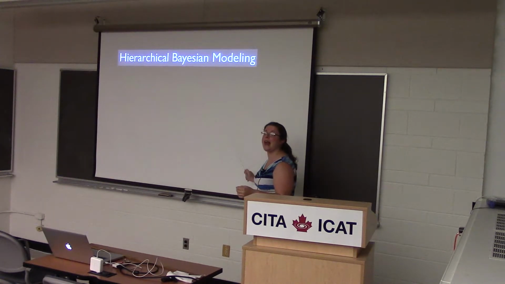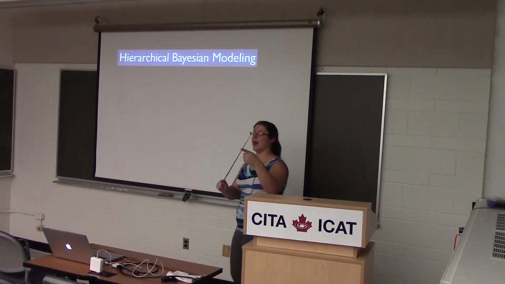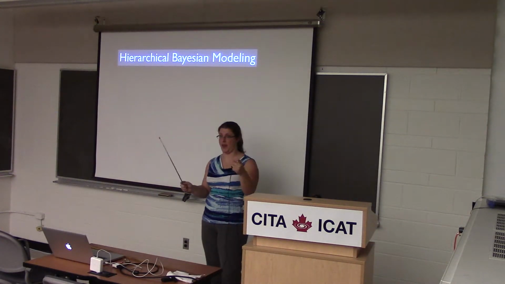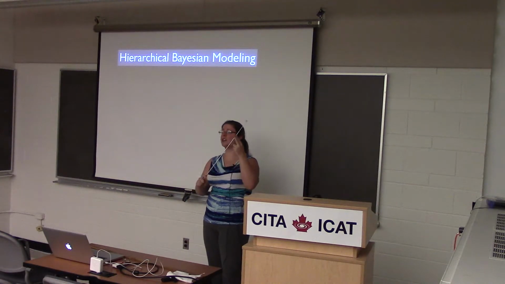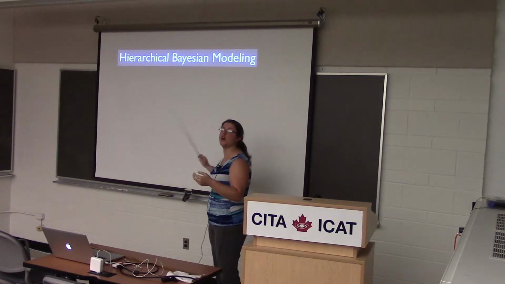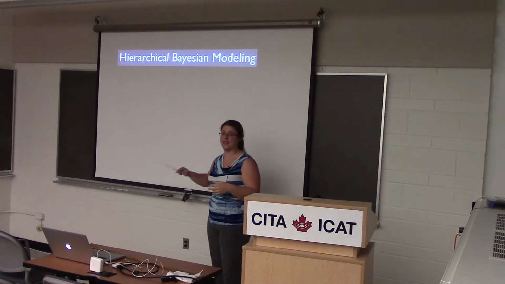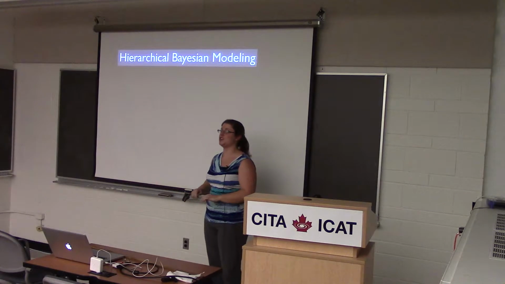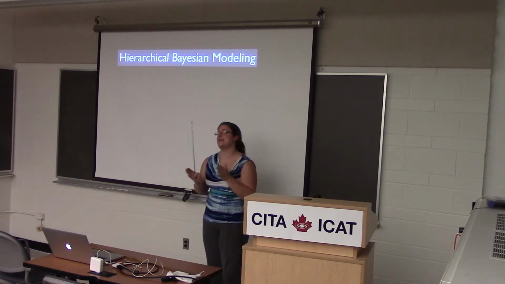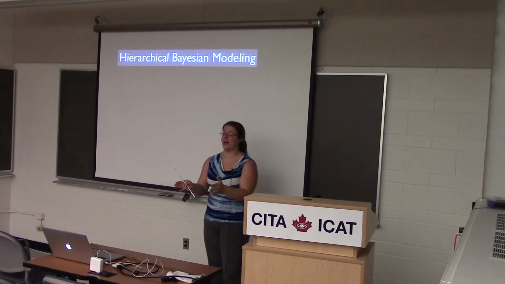This is a very natural method to use when you're interested in populations of things. I'm going to explain why that's in a second. And also if you have large uncertainties on your observables, and the reason for that is because in this framework you can marginalize over these uncertainties. And so you incorporate your uncertainty directly into your calculation.